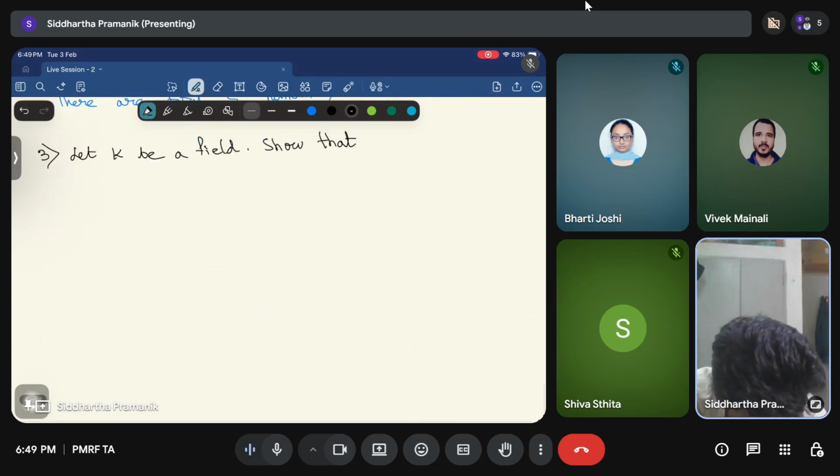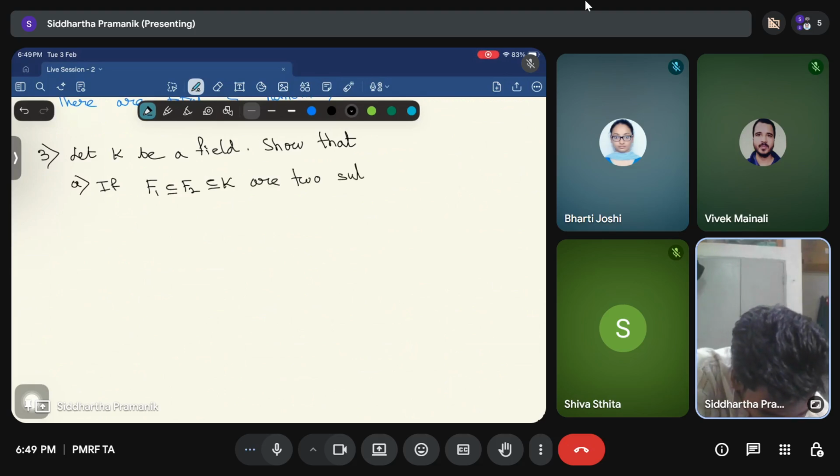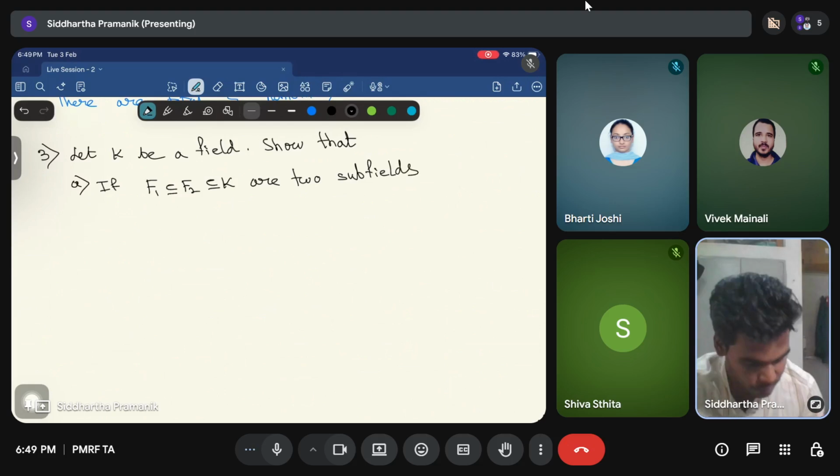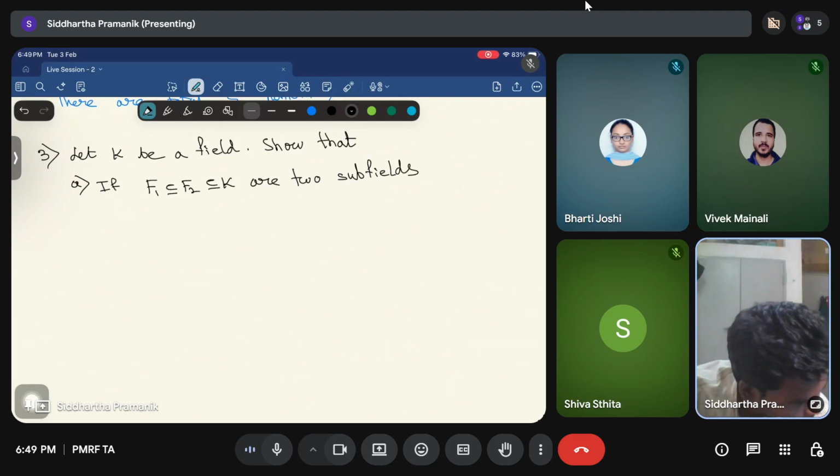We need to prove two things. First one is, if you take two intermediate fields, or sorry, subfields, let's say F1 contained in F2 contained in K are two subfields, then what is the relation between their fixed fields? So then you have the Galois groups.